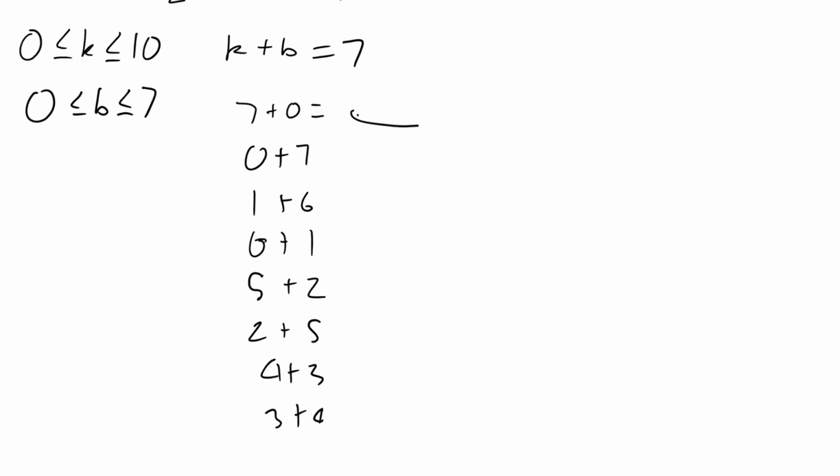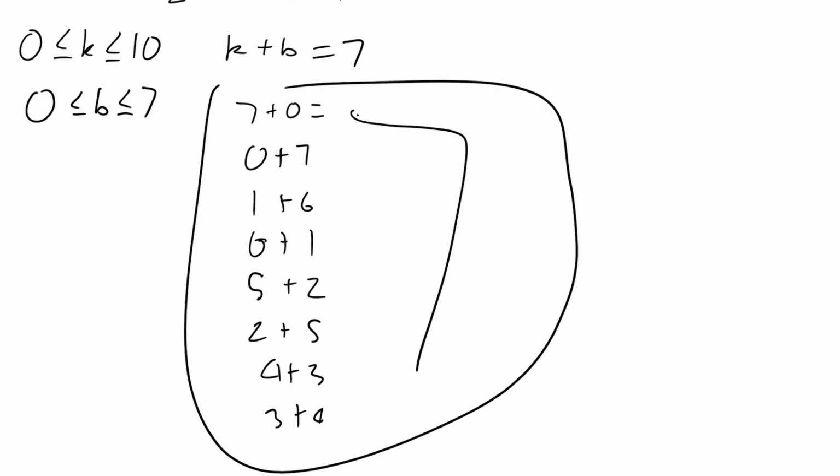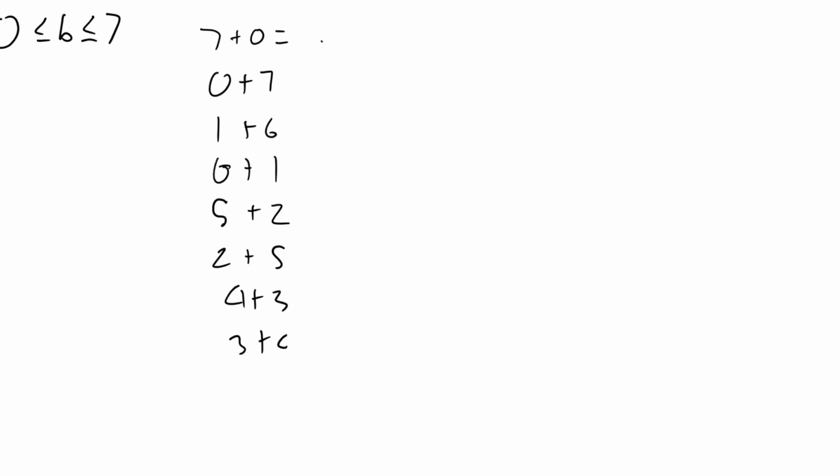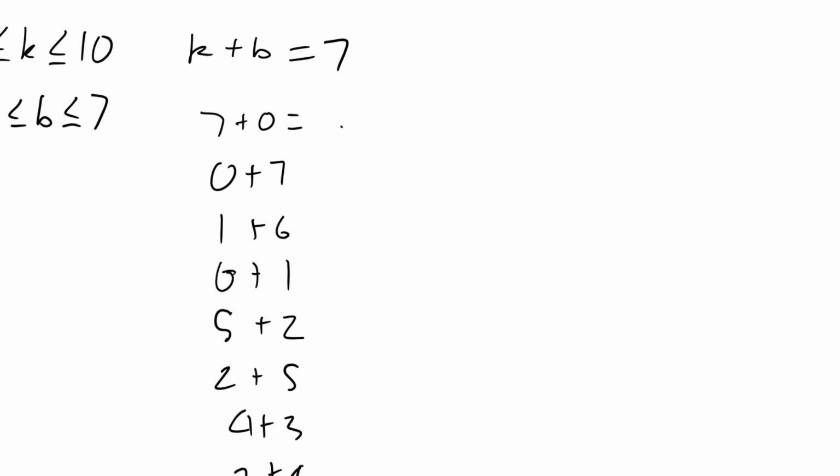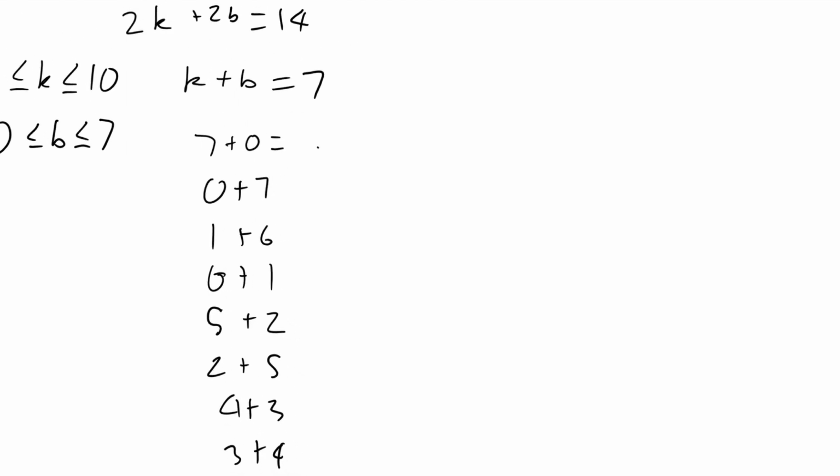Now, these all equal 7. So these are all the combinations for the coefficients that you could use in your final answer if it's in an exam question, for instance, where you can substitute these numbers back into the equation, and I'll give you an example for this.